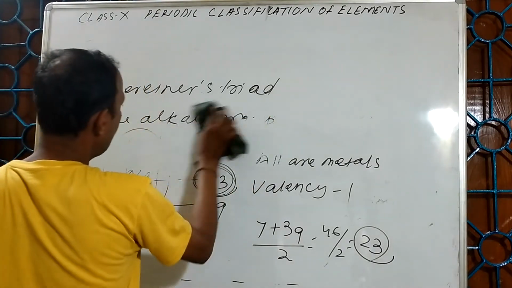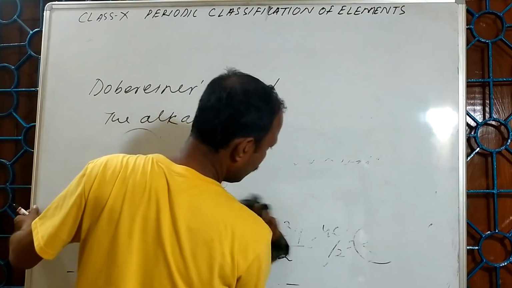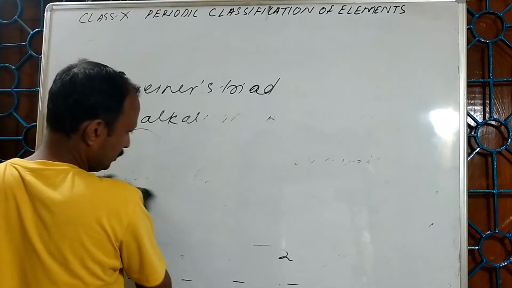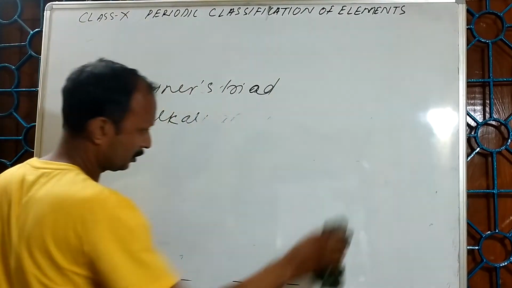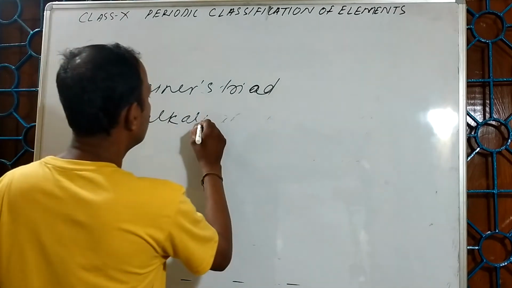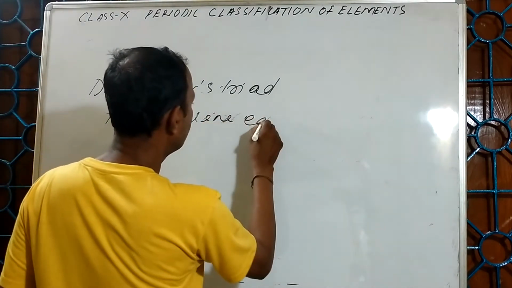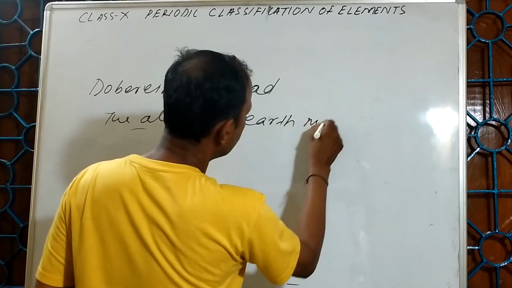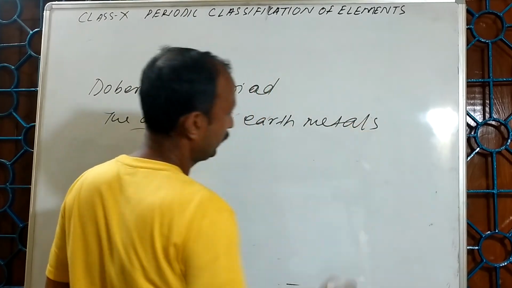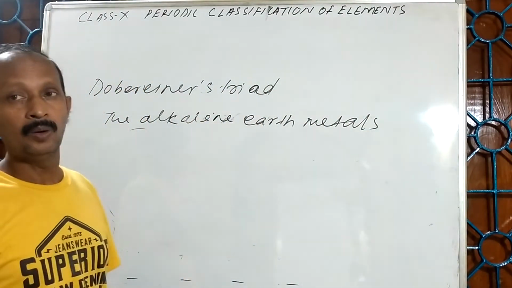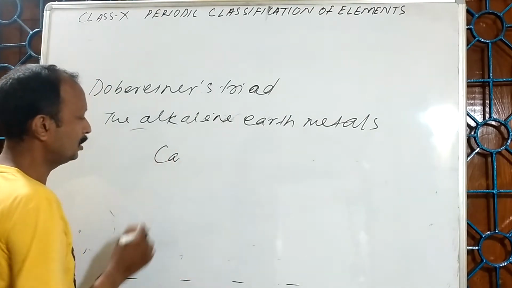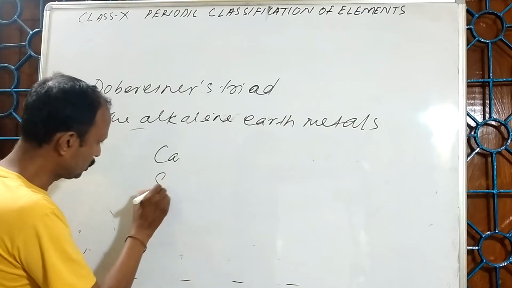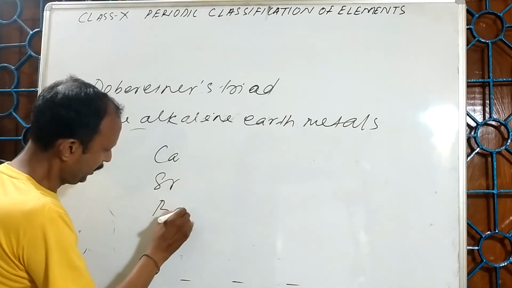Second one, alkaline earth metals. This is one more group. This is calcium, strontium, barium.